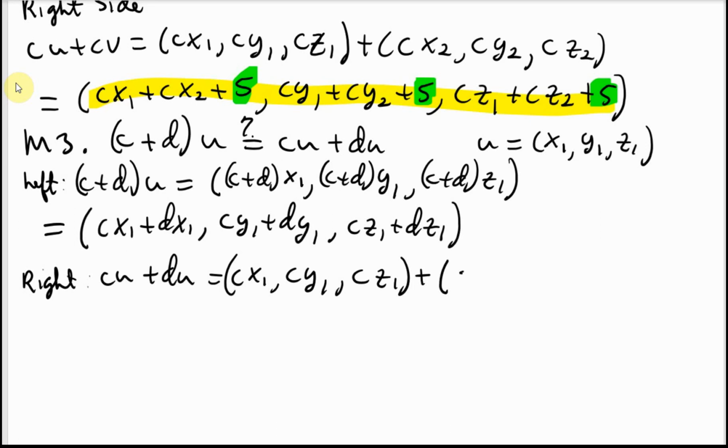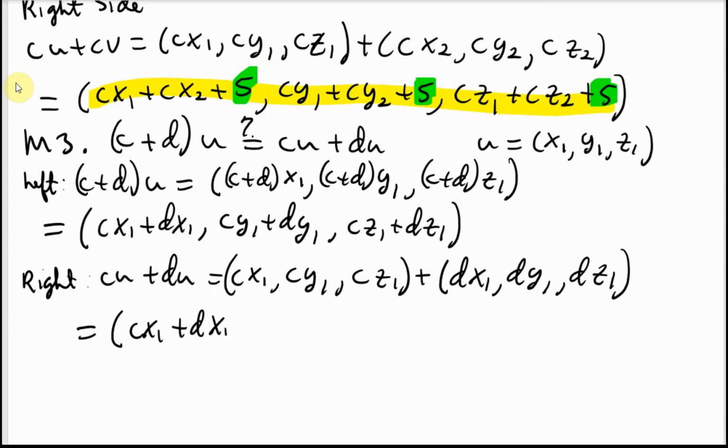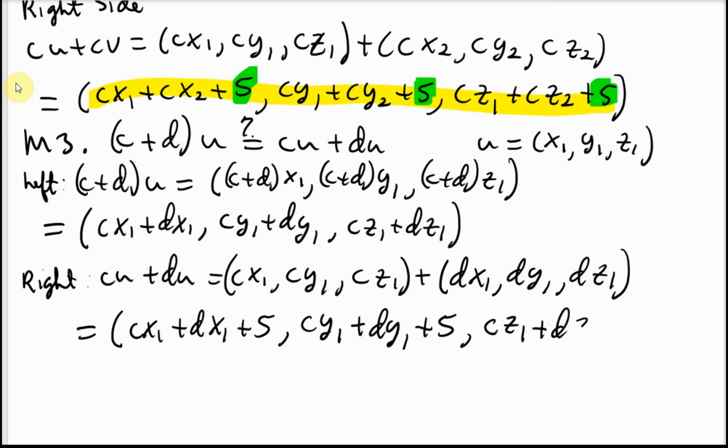Now plus d x sub 1, comma, d y sub 1, comma, d z sub 1. Now we add. So this is c x sub 1 plus d x sub 1 plus the 5, right? Comma, c y sub 1 plus d y sub 1 plus 5, comma, c z sub 1 plus d z sub 1 plus 5.